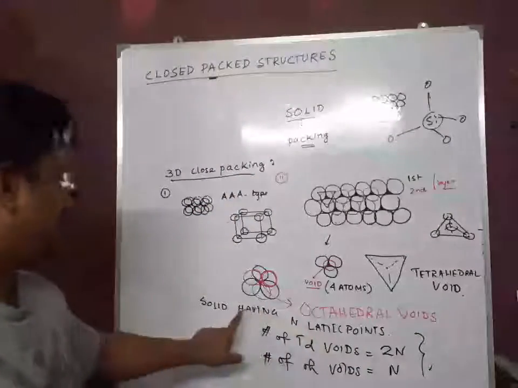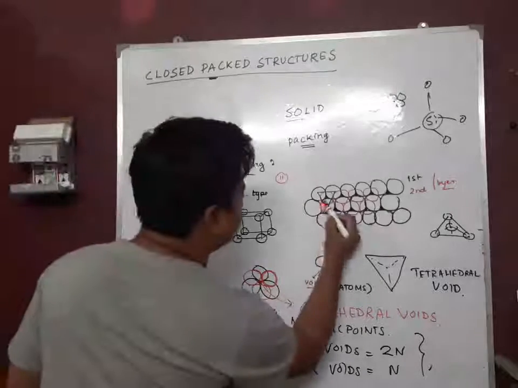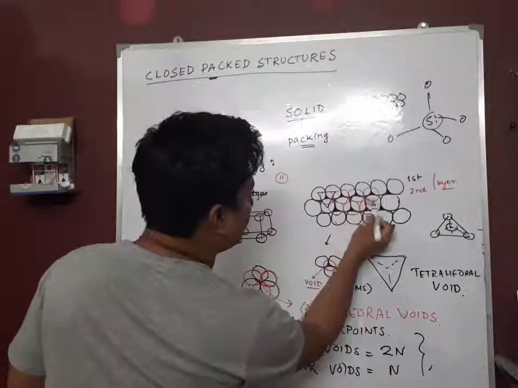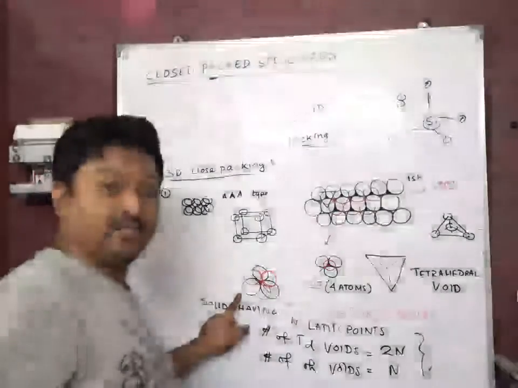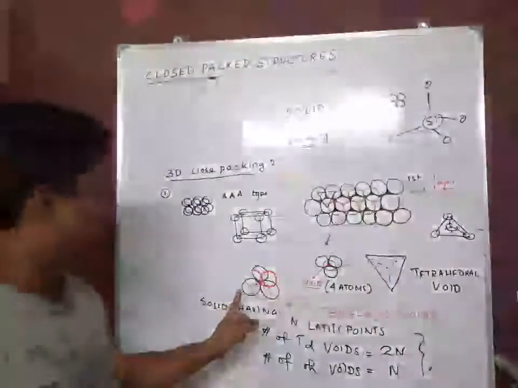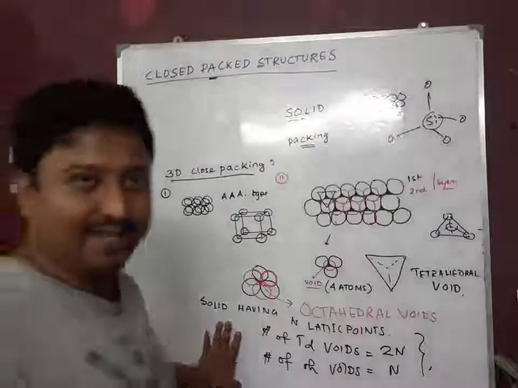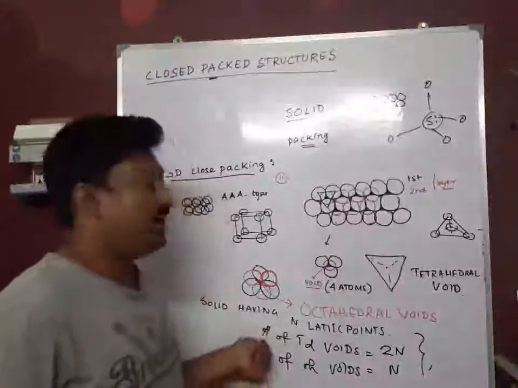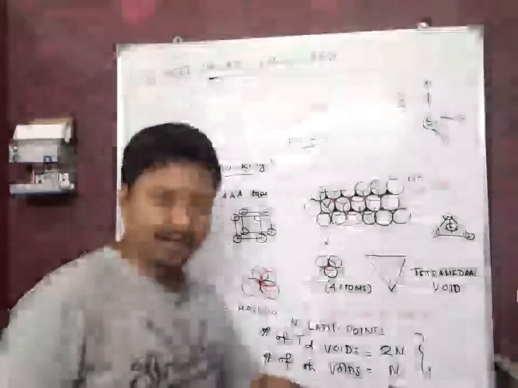And there is another void, which I am marking in red, surrounded by 6 atoms. These are known as octahedral voids. So if in a solid there are n lattice points, by mathematics you can easily calculate that the number of tetrahedral voids will be 2n and the number of octahedral voids will be n.